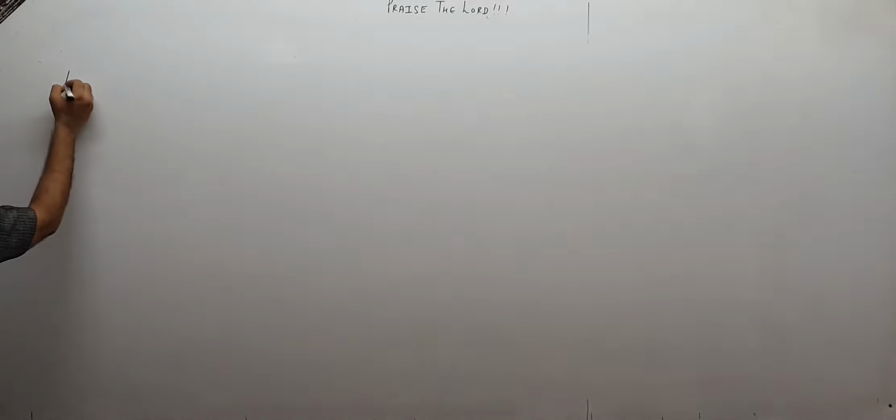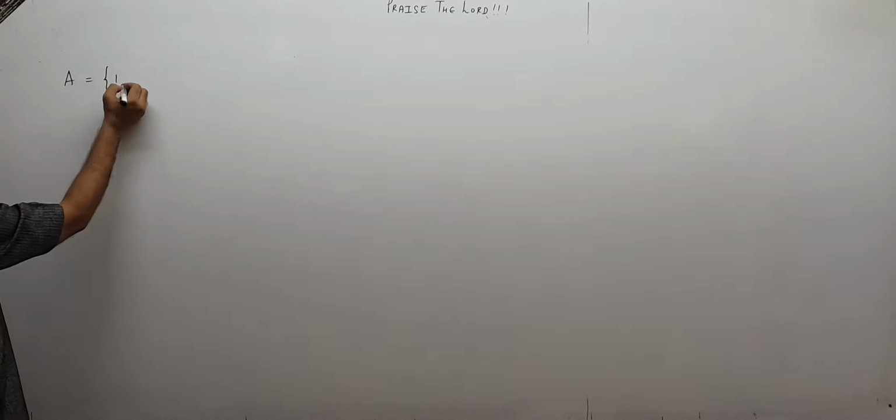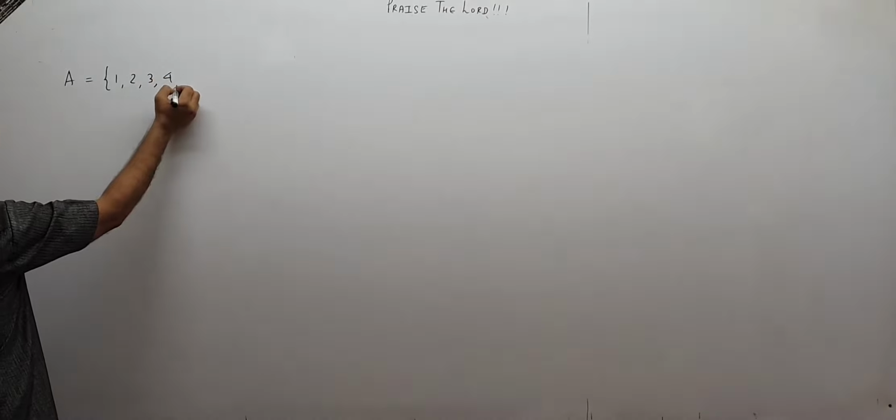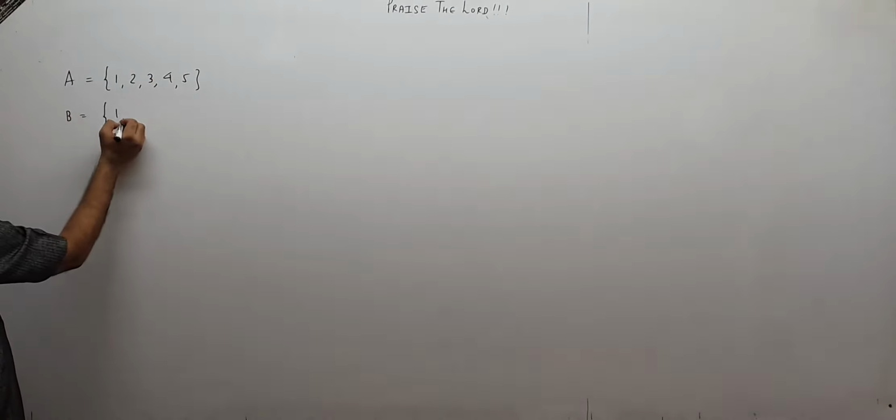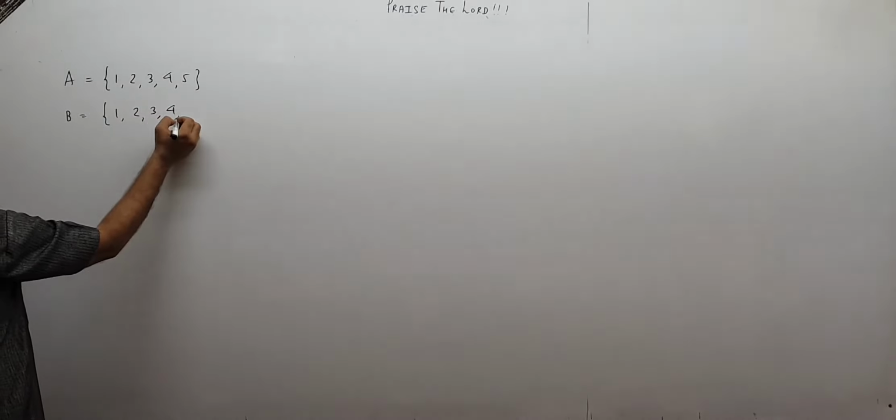So let us take up some examples, children, to understand again. Supposing A is the set {1, 2, 3, 4, 5} and B is the set {1, 2, 3, 4, 5}.